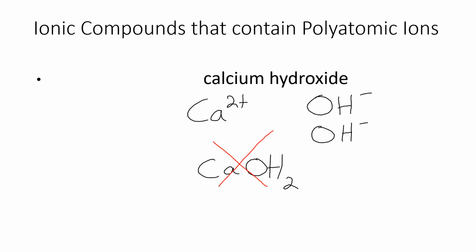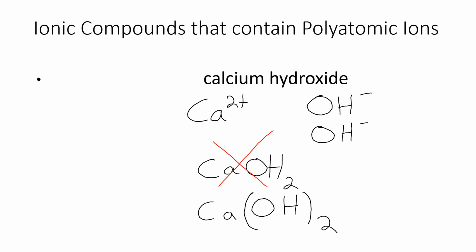Instead, whenever we have more than one of our polyatomic ions, we start off the same way. Calcium, we still have our hydroxide, but now to clearly show that we have 2 of these hydroxide ions, we would place the polyatomic ion in parentheses and put the subscript outside the parentheses.